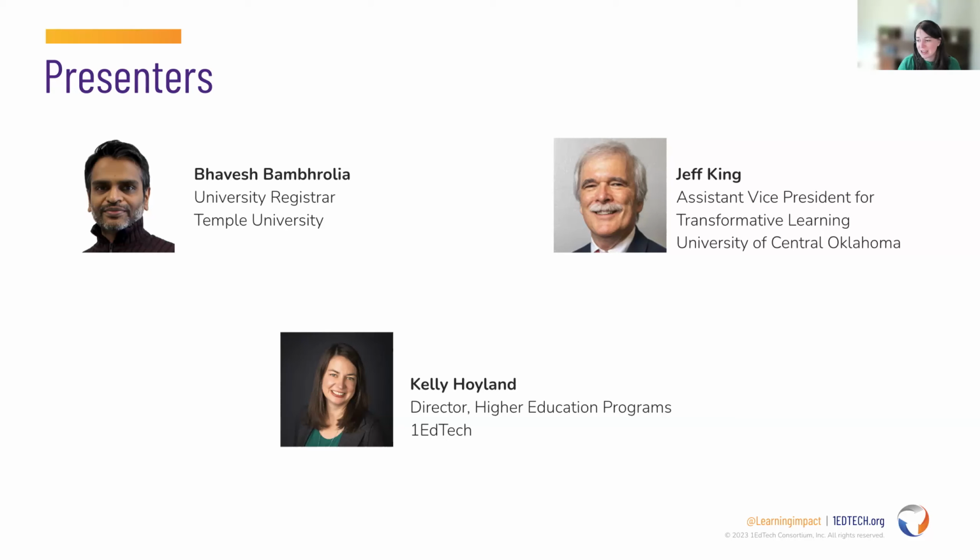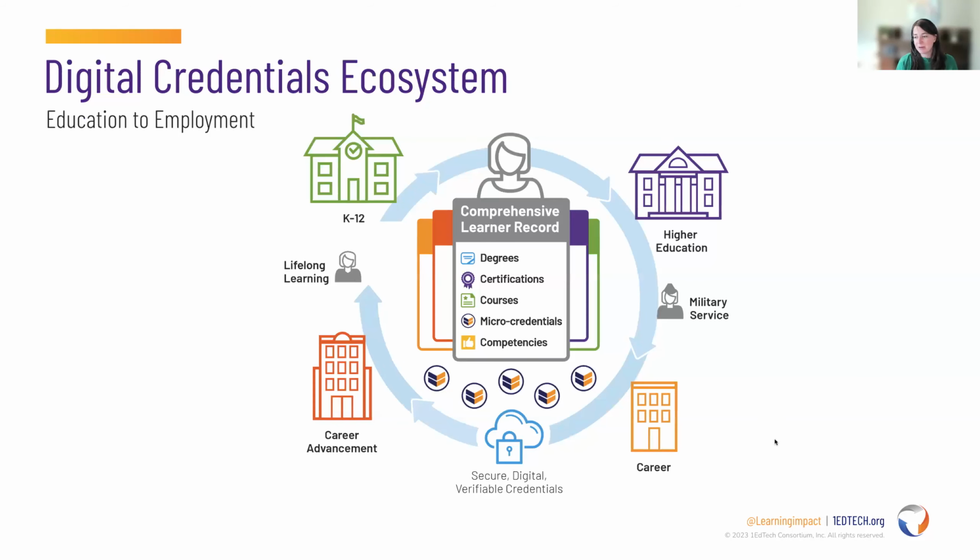With that, thank you for coming, and I will give us a little bit of background information before we start. So One Ed Tech, just to give you a little bit of foundational information, we look at digital credentials as this holistic ecosystem from education to employment, including K-12, higher ed, career, and career advancement.